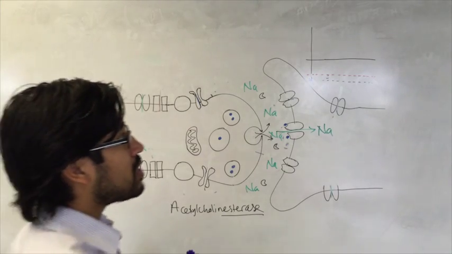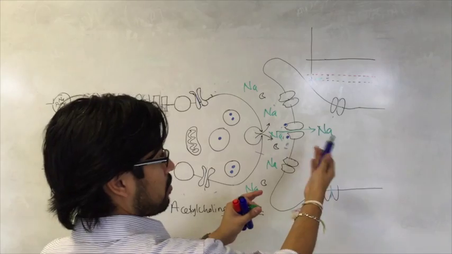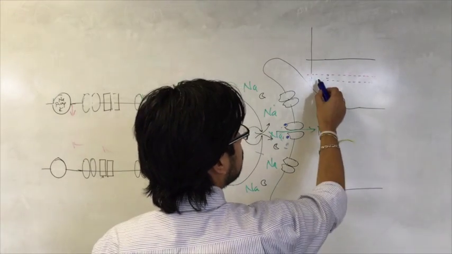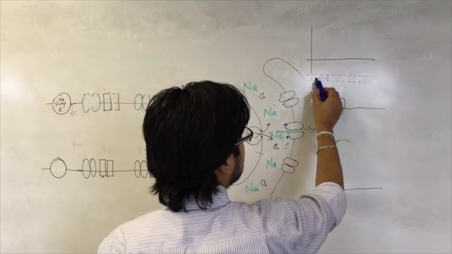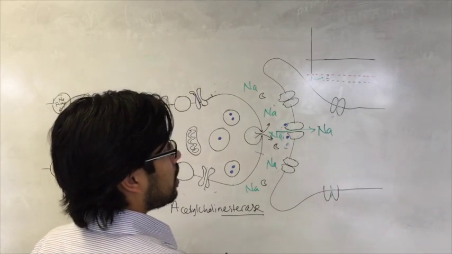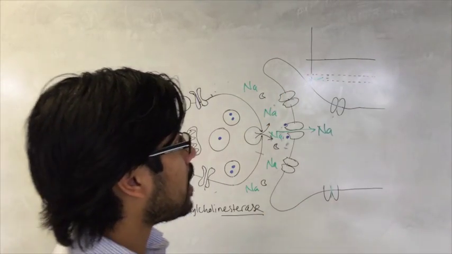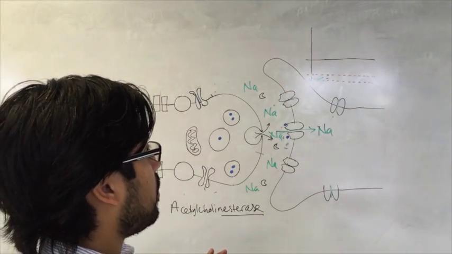But that little bit of sodium is not enough. It depolarizes the postsynaptic neuron a little bit, i.e. the potential inside does become a little more positive, but it doesn't reach that red dotted line, the threshold. Okay?